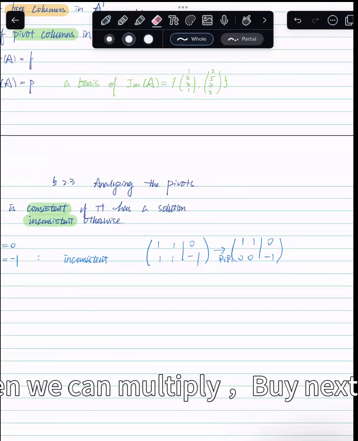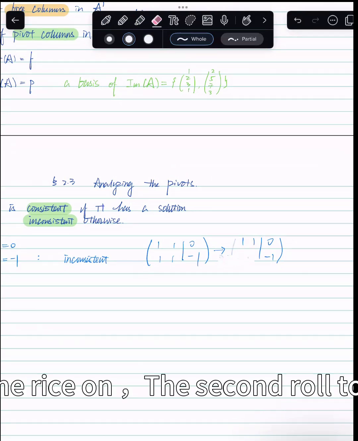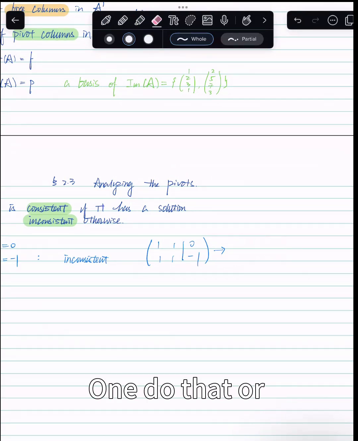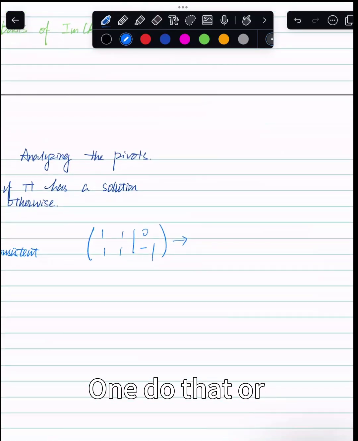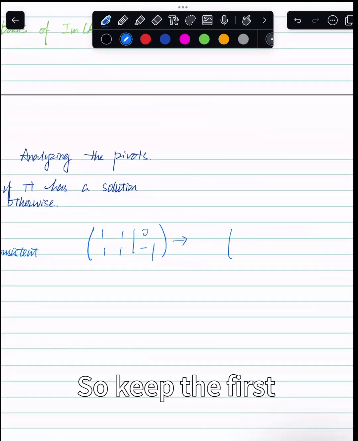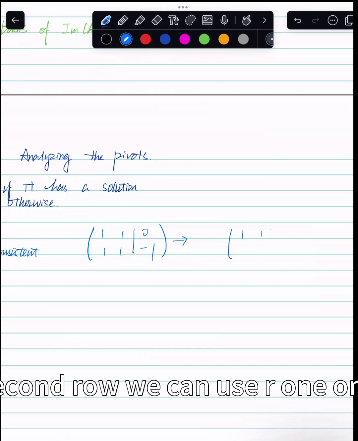And then we can multiply by -1 on the second row to get 1. Let's do that. So keep the first row 1, 1, 0. And the second row, we can use R1 minus R2 to get 0, 0, 1.